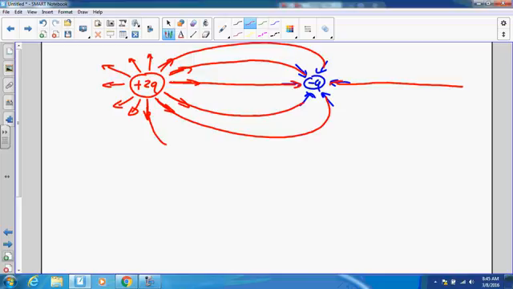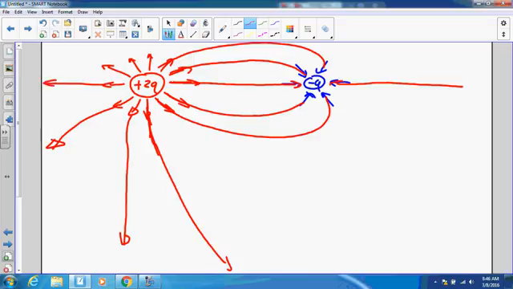bent. Let's see here. That one's not going to get captured, so we'll have him sort of come out and bend like so, and then a little bit like so, and then like so, and straight out, and a little bit of bending, and like that. Okay? So we have twice as many field lines out of plus 2Q.